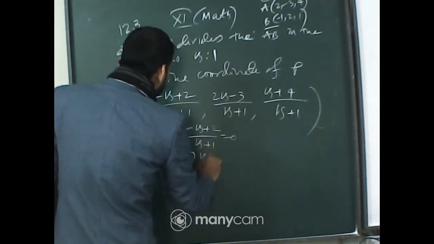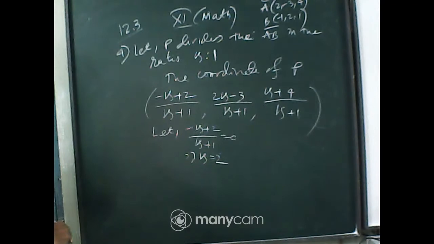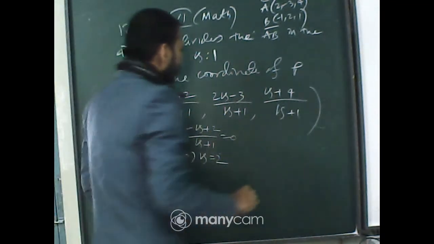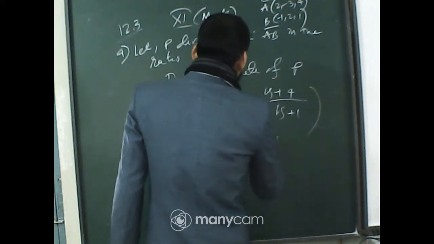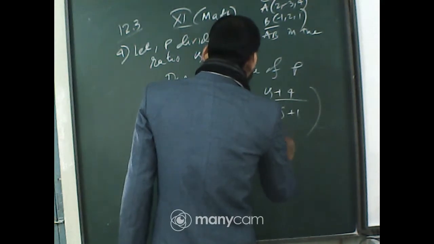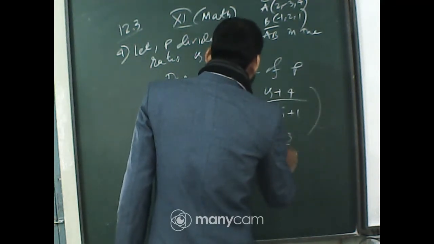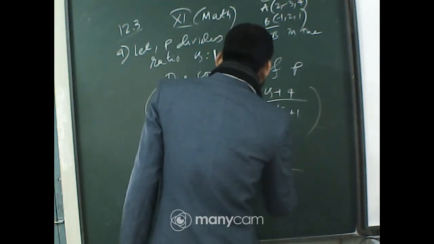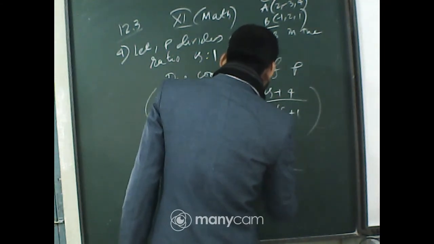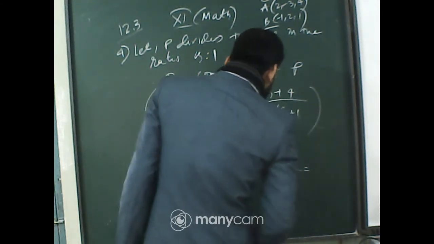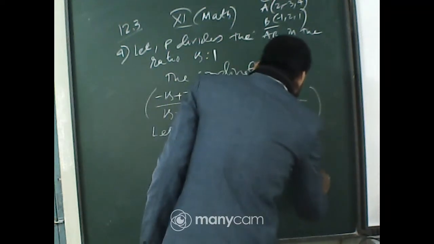That will give you K equals to 2. Now putting K equals to 2 in the second portion, 2K minus 3 by K plus 1 gives 2 into 2 minus 3 by 2 plus 1. That will be 1 by 3.